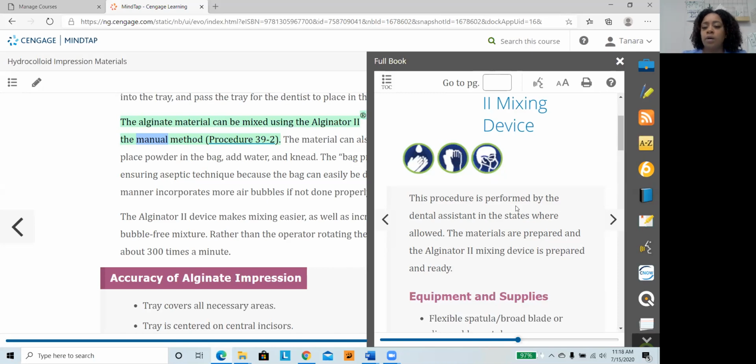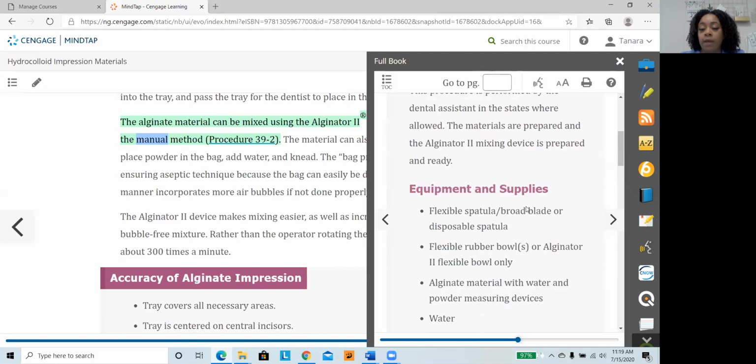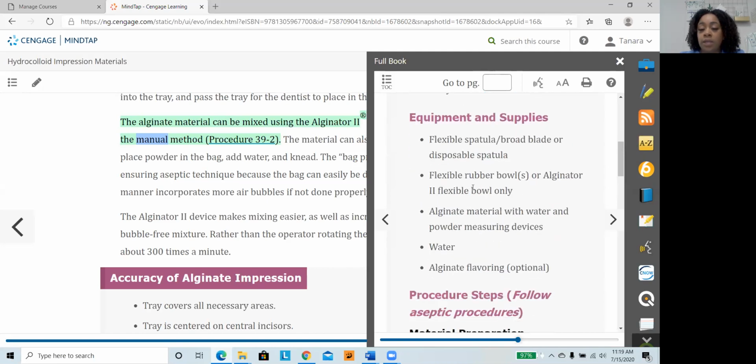And then it goes on to talk about the procedure and how it would actually be performed by the assistant in whatever state allows you to do that. It tells you the supplies. So of course you're going to need, as we have in the lab, a flexible spatula, or in some places they use disposable spatulas.